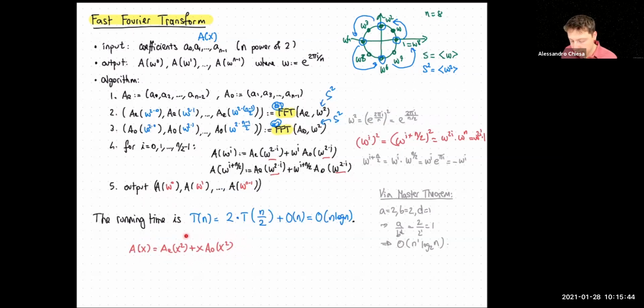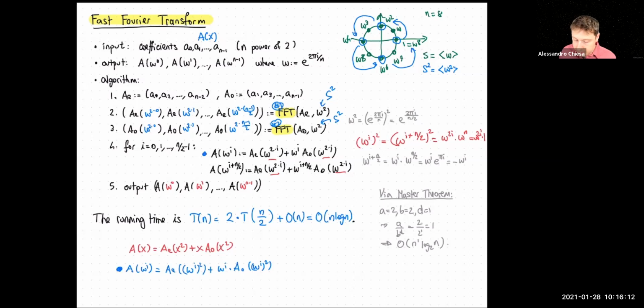That this is how we split our problem. Let's say that I want to evaluate A at omega to the I. Well, what do I need? It's AE of omega to the I squared, plus omega to the I times AO of omega to the I squared. And this thing right here is exactly this expression over here.